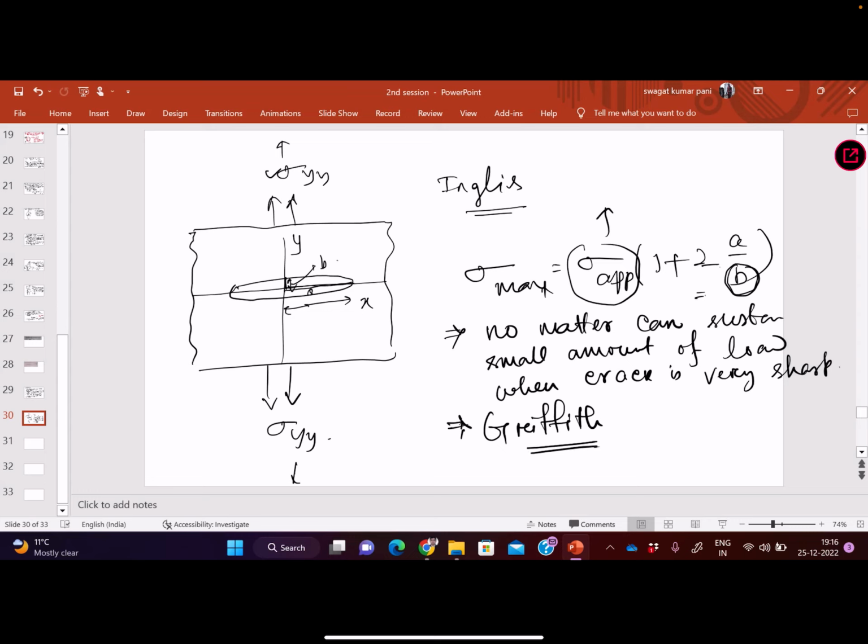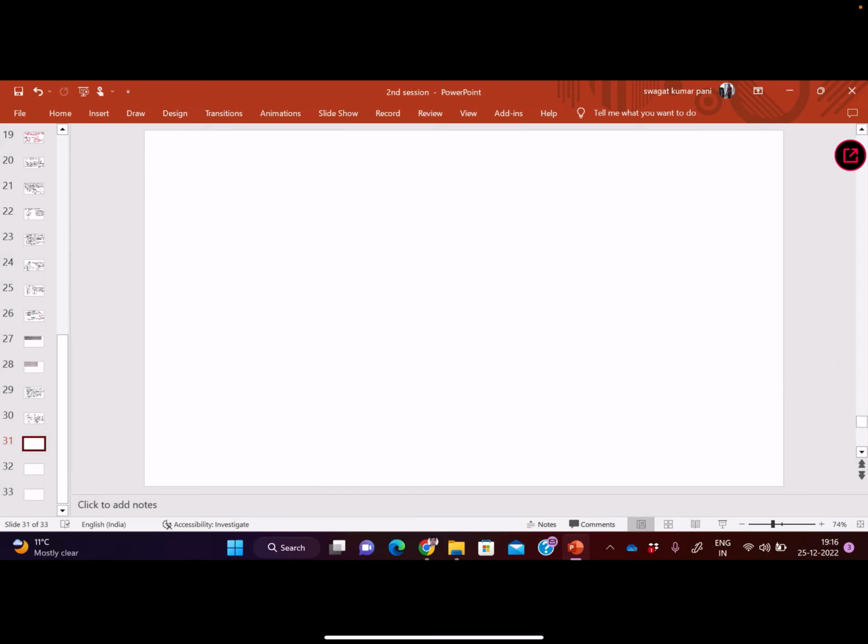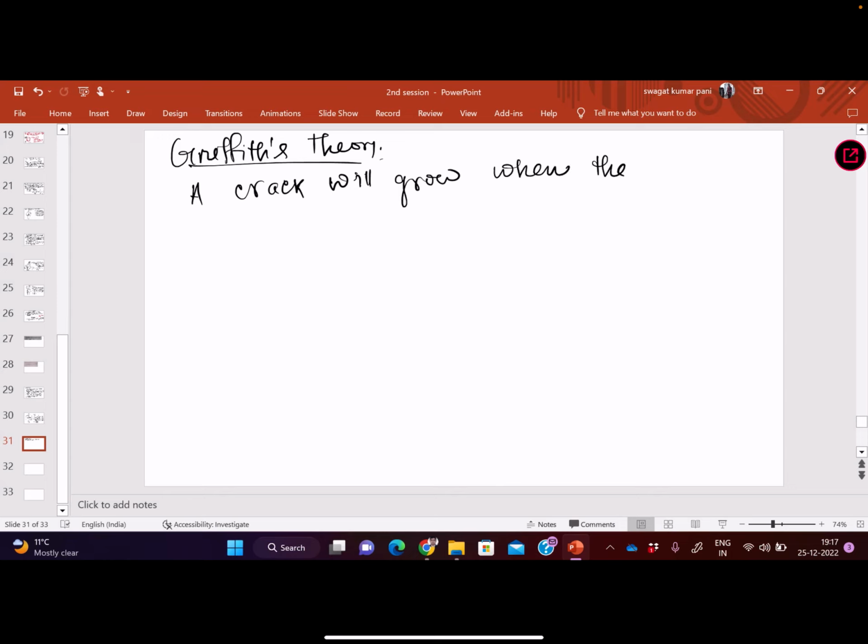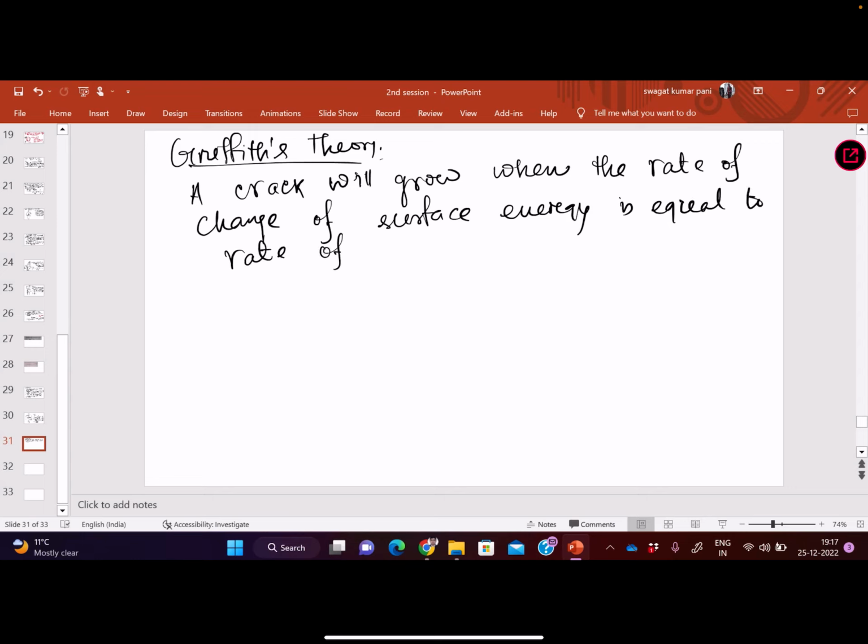So he suggested a crack will grow when, and this is the key of his theory, the rate of change of surface energy is equal to the rate of change of strain energy.